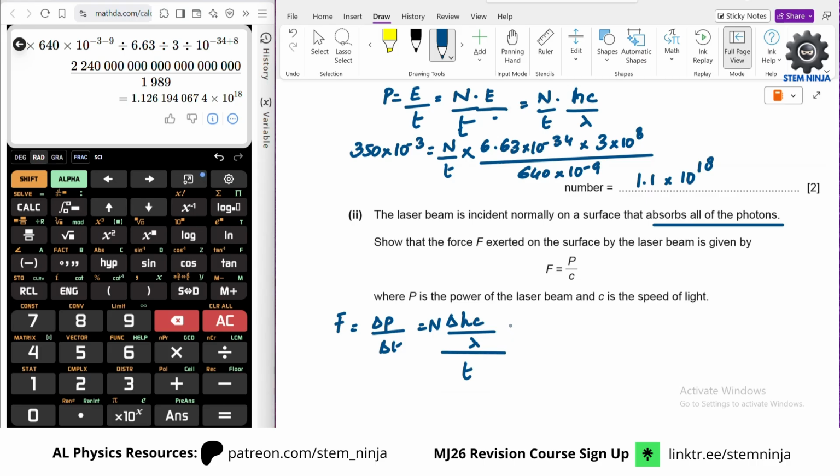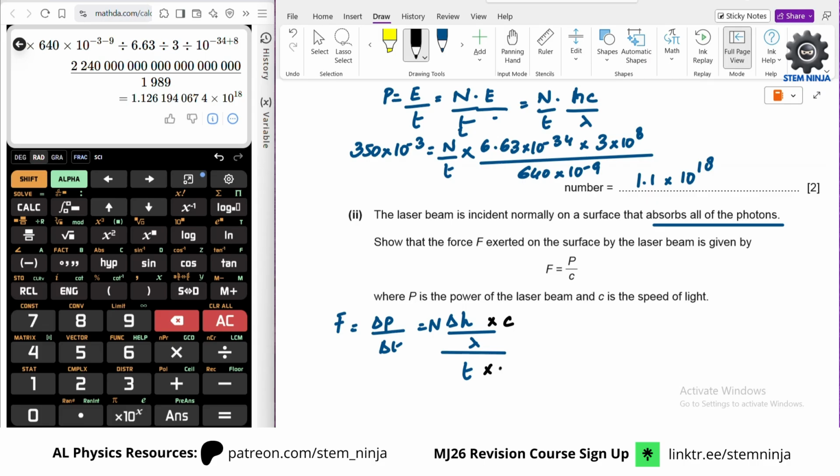So we need it in terms of power. No, sorry, h over lambda. Actually, that was what we could do about it.